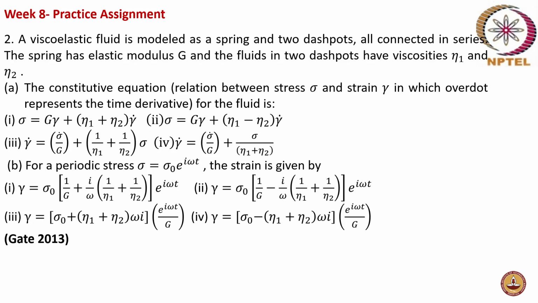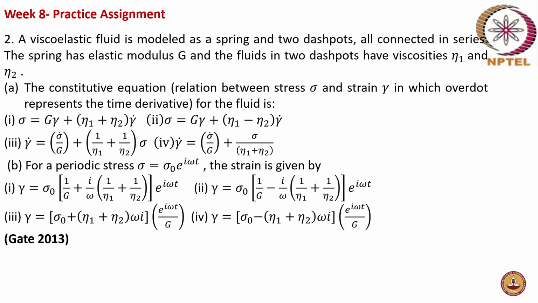They have also given that gamma represents strain, and the dot over gamma means a time derivative, it is nothing but the strain rate. Similarly for stress also.